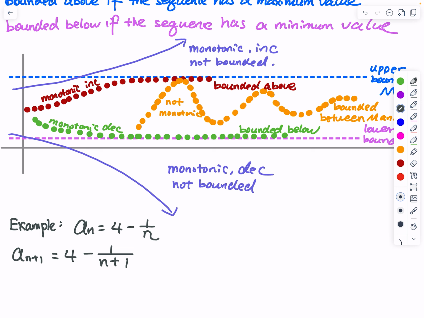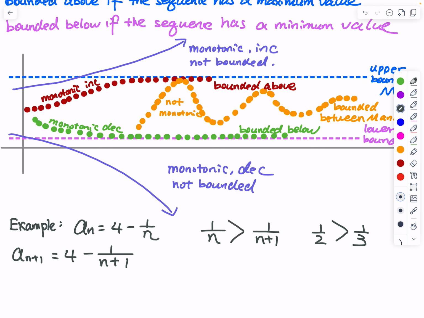We can disregard the 4 and just look at 1 over n and 1 over n plus 1. Which one is bigger? Let's say 1 half and 1 third. Which is bigger? 1 half is bigger, right?